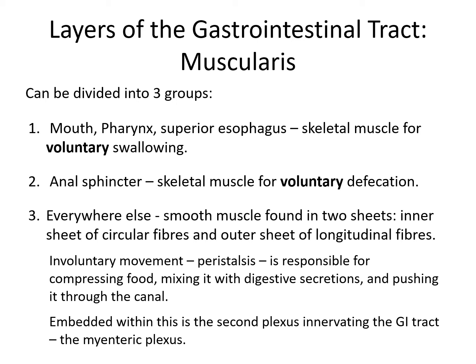At the anus, there are two sphincters, and a sphincter is a ring of muscle. There's one that's an internal sphincter that you can't control, and there's another sphincter, an external sphincter, that you can control. So you have partial control over what happens at the anus.